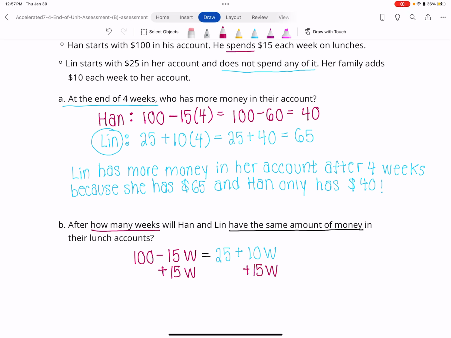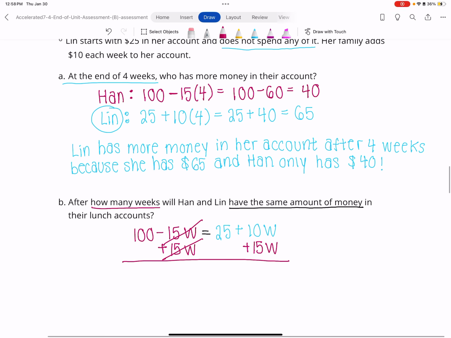You can also subtract the 10W on both sides, but I like to keep the variable term positive, so I decided to add 15W to both sides. Now I have 100 left on the left side, and I have 25 plus 25W on the right side.